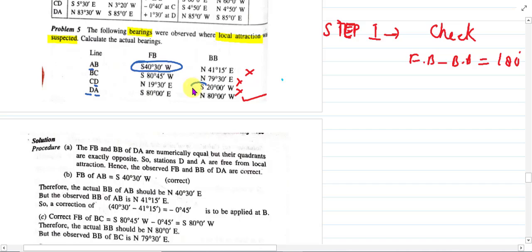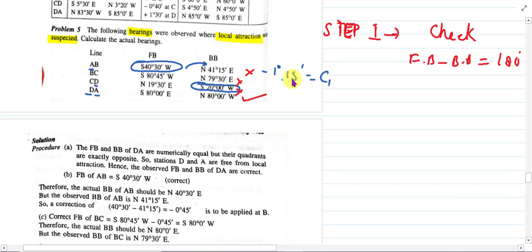Okay, and the back bearing of line CD is correct. Now apply the amount of correction to this value so that it gives the 40 degree 30 answer, and it will be 1 degree 15 minute minus, this is correction one.